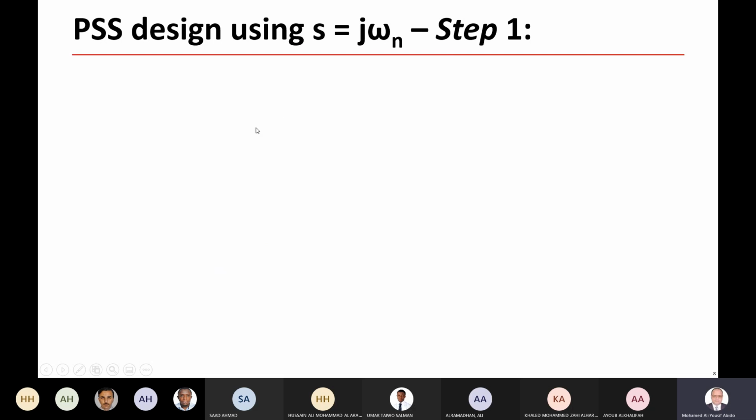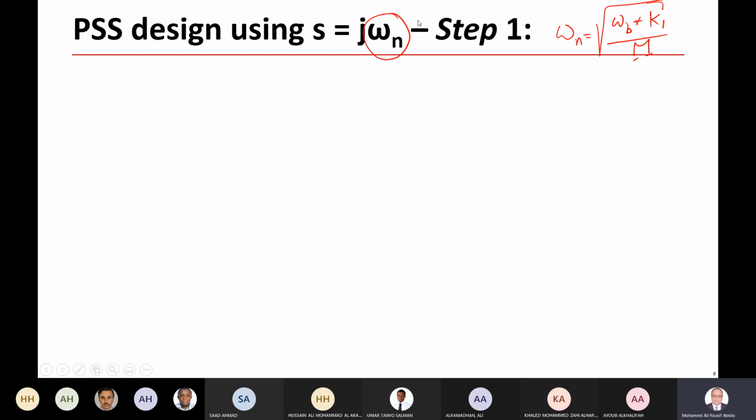The procedure is in very simple steps, and we will see now. As we mentioned, how do you get omega n? Omega n equals the square root of the base speed, which is 377, multiplied by the linearization constant K1, over the machine inertia M. So you can get omega n.